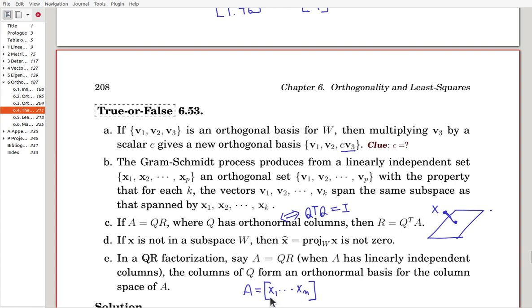That means these columns form a basis of the column space of A. Once we get the QR factorization, Q will be an orthonormal basis of the column space of A, so it must be true, right?